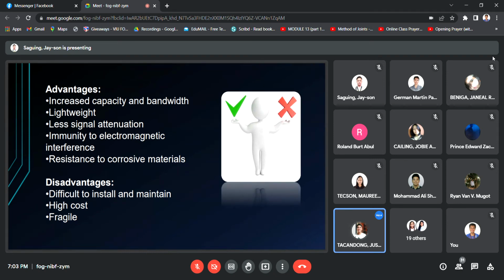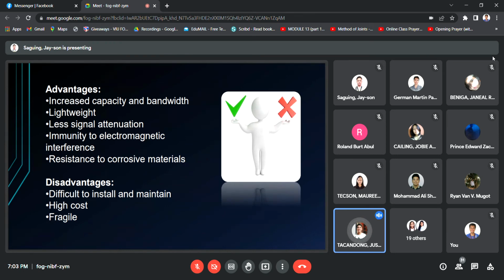First advantage, increased capacity and bandwidth. Second, lightweight. Third, less signal attenuation. Fourth, immunity to electromagnetic interference. And last, resistance to corrosive materials. Resistance here means the ability to protect the substrate from corrosion.